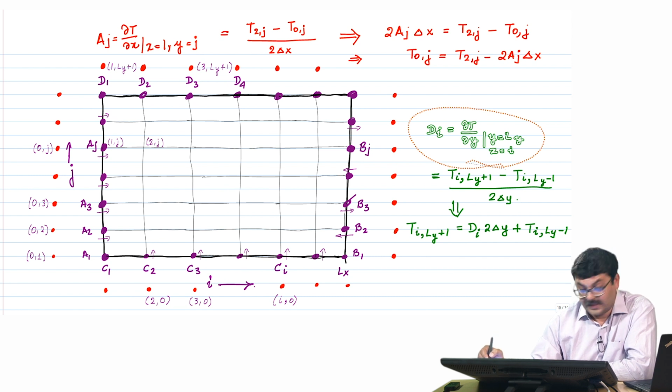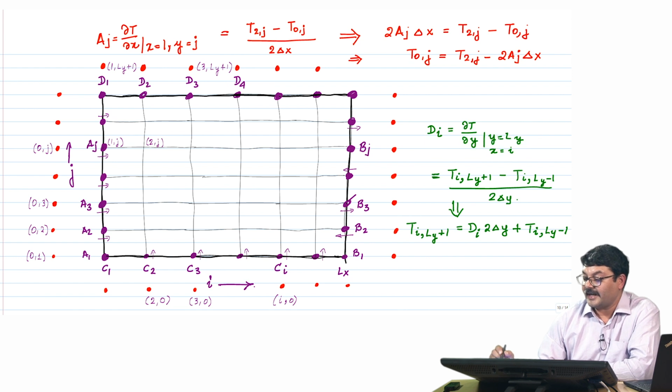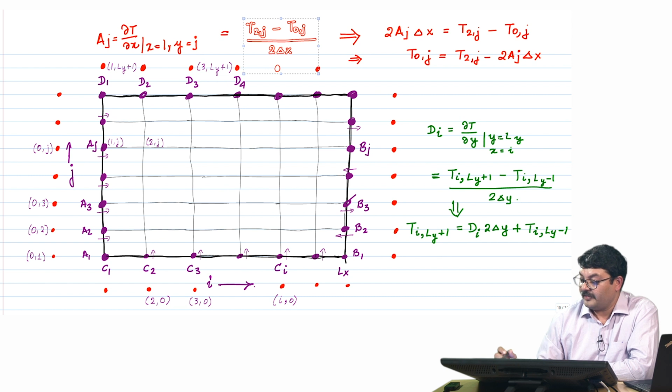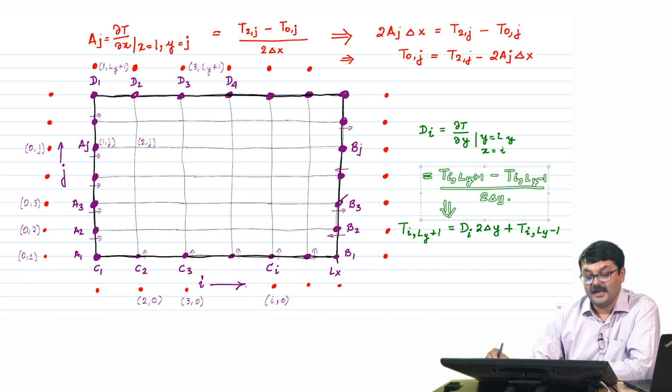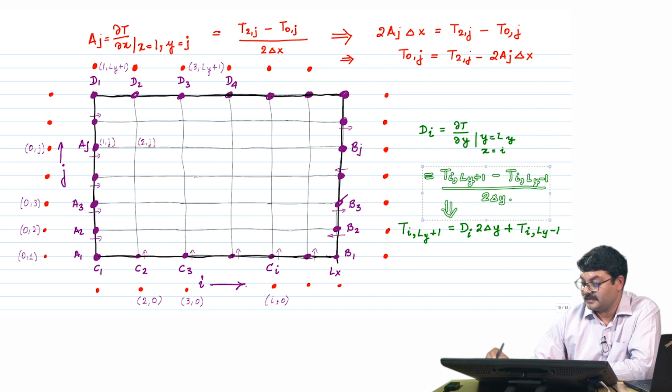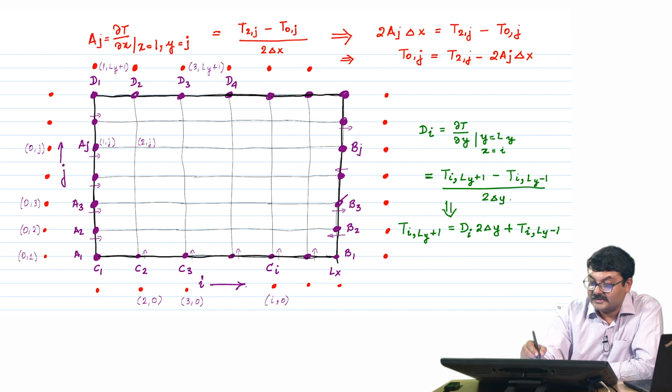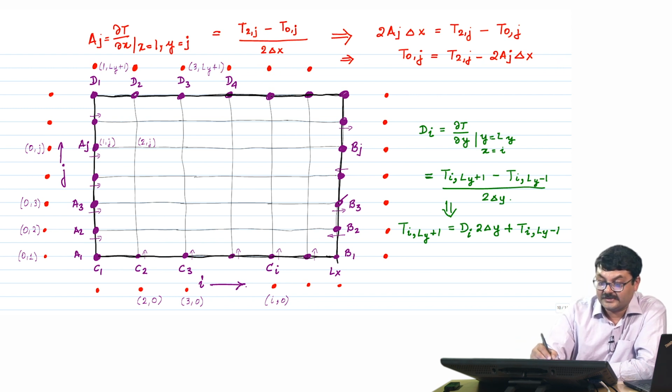That in turn can be written in a similar expression in terms of di. Here Ly plus 1 is essentially these points, which again do not exist; those are ghost points.